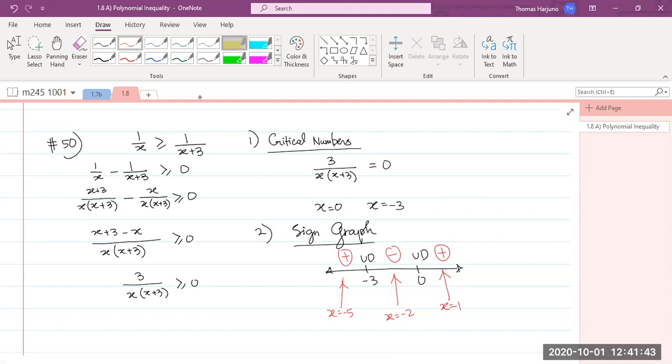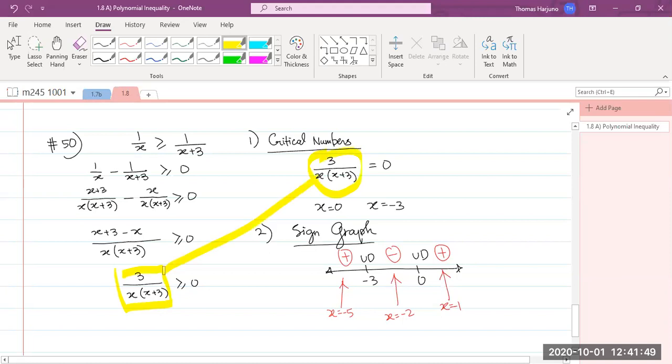Now the thing is, what I need is the positive or equal to 0. So the final answer will be -infinity up to -3 union 0 to infinity.